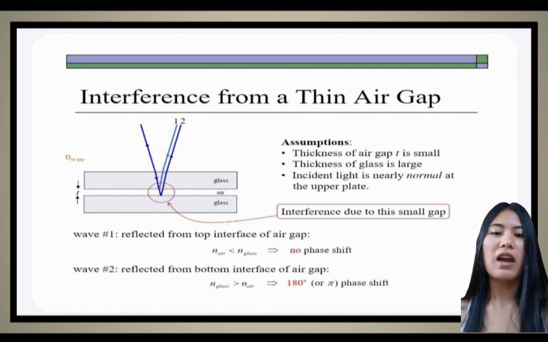The waves undergo reflection from both surfaces of the gap, which leads to interference effects. The resulting interference pattern can produce colorful fringes or bands, and the specific colors depend on the thickness of the air gap and the wavelength of light. This phenomenon is similar to thin film interference and is a consequence of the superposition of waves.